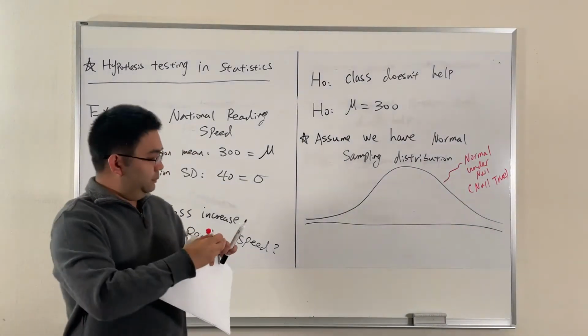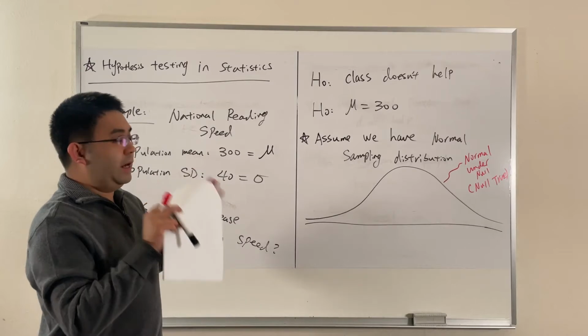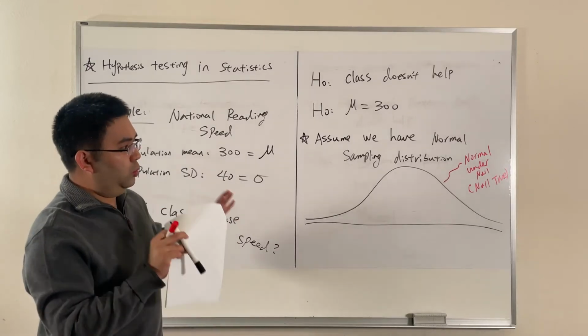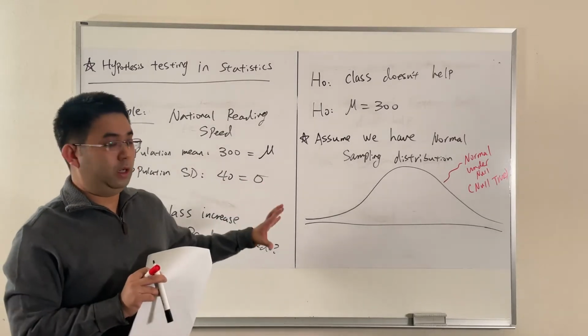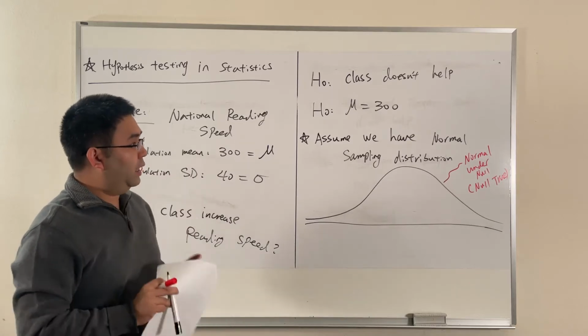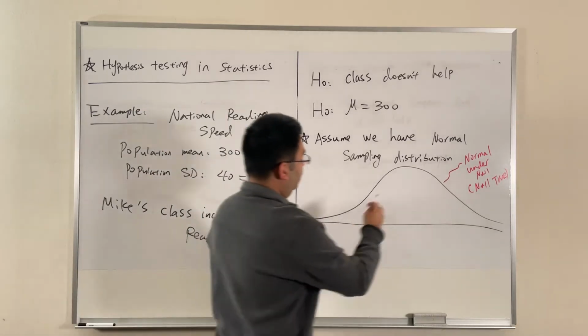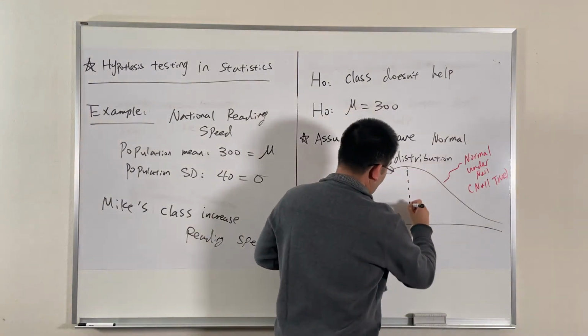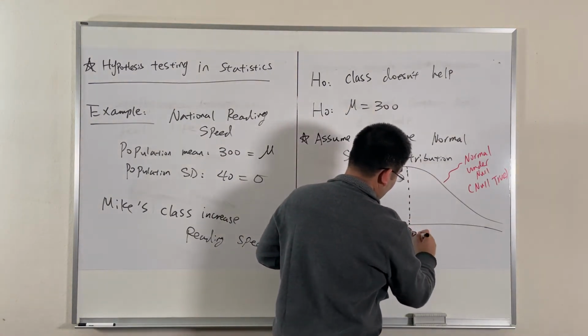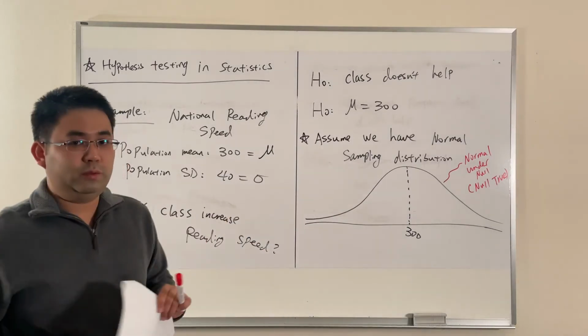So what it means is that we want to use our data to show whether this is true or not, right? And what's important is under the null hypothesis, if the null hypothesis is true, then your mean is 300, right? If the null is true, then your mean is 300.